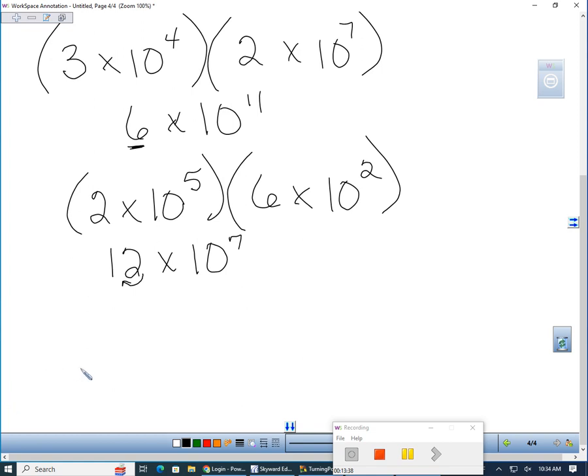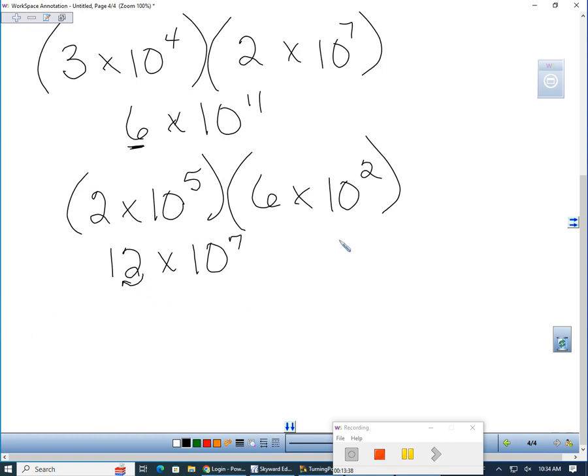But then what are we going to do with our exponent? Okay, so here's my rule of thumb for you guys to think about.